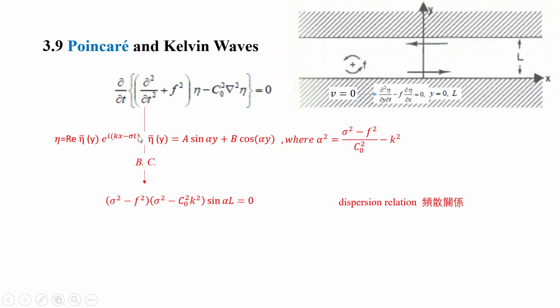So eta bar here we can write as a function of a times sine alpha y plus b cosine alpha y, where alpha is from this differential equation.